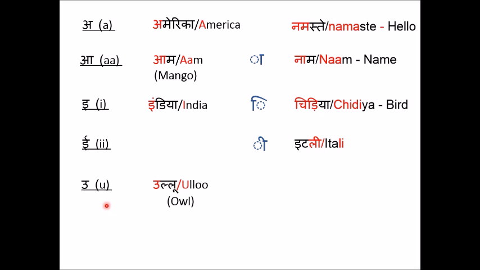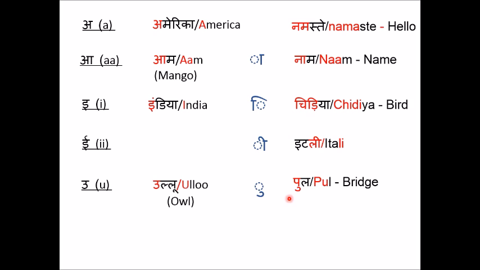Then we have u. For example, we have a word called ullu. Ullu means owl, and we add this vowel to the consonant by adding this symbol underneath the consonant.